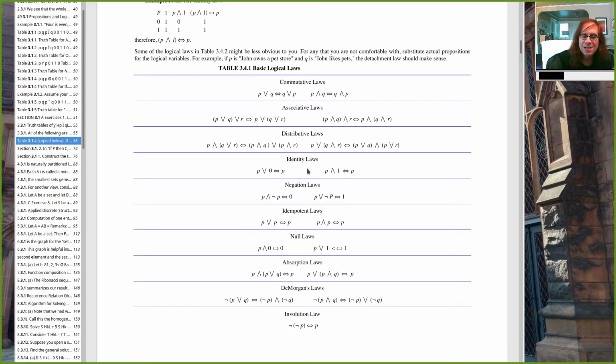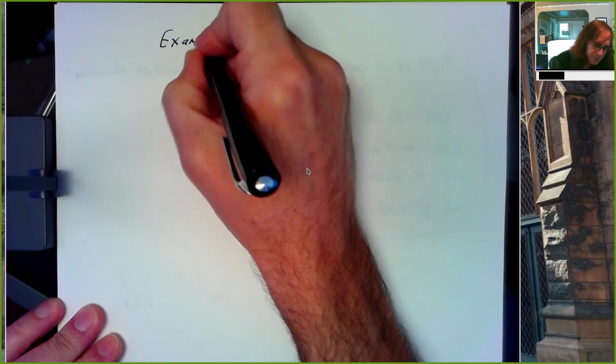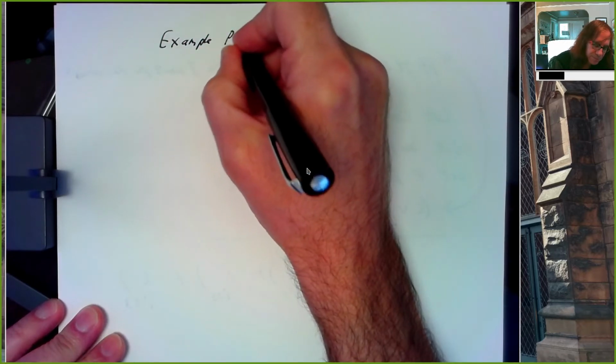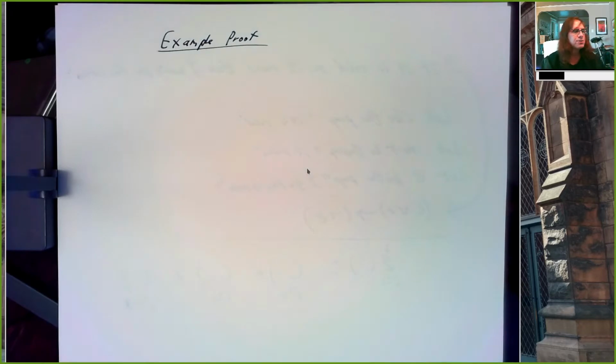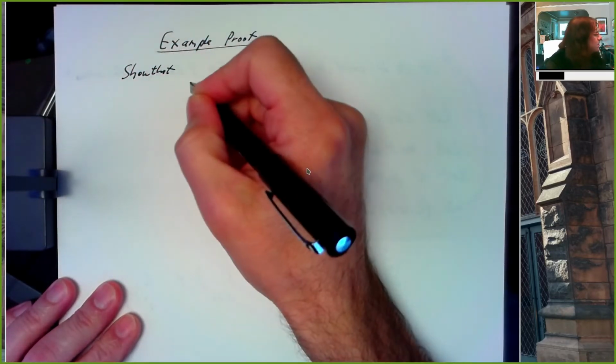And so we talked about these last time, and you've seen these in 250 and such. So let's look at how we can use some of these things. So let me give you an example problem. And this will be a kind of dry example, but it'll get more interesting over time. So here's an example proof. Let's show the following.